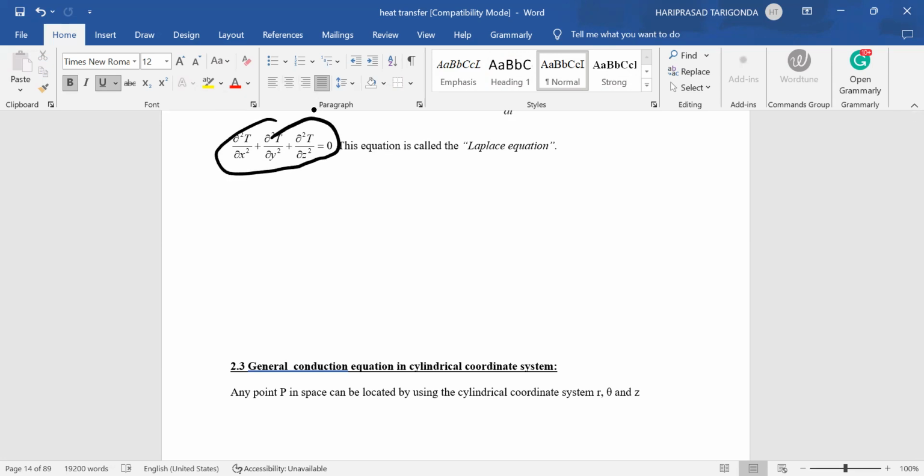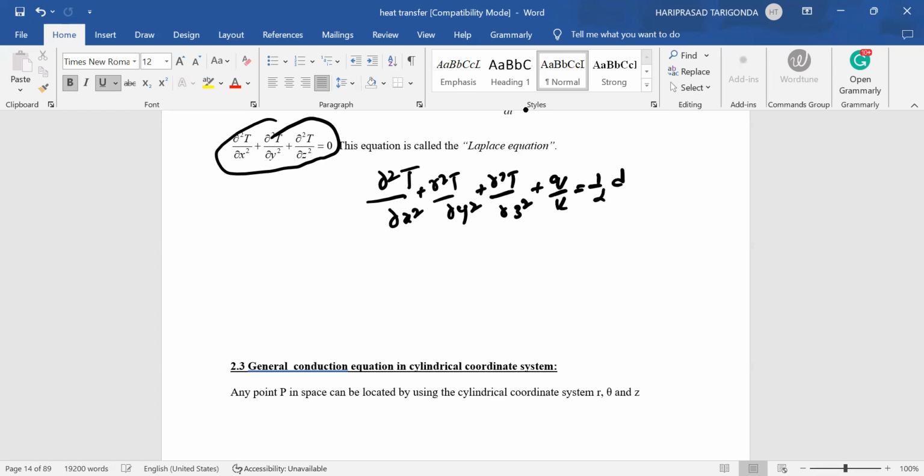Next, in addition to the above conditions, consider the general conduction equation: ∂²T/∂x² + ∂²T/∂y² + ∂²T/∂z² + q/k = (1/α) ∂T/∂t. If the heat transfer process is steady, we take this term as 0. If there is no internal heat generation, we take this term as 0.